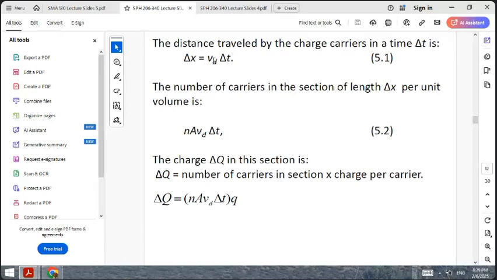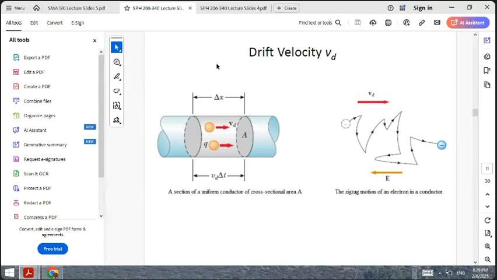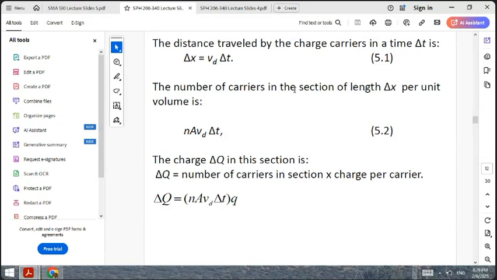So if we understand this, it is the beginning of wisdom. Look, we have said delta x is v multiplied by delta t. Delta means change. A small change of distance will be given by Vd, and Vd is what we call drift velocity.